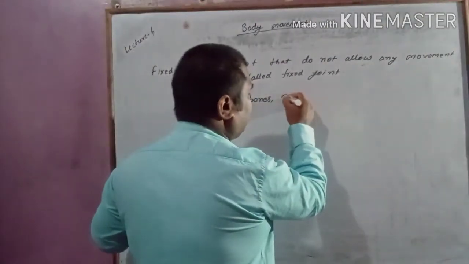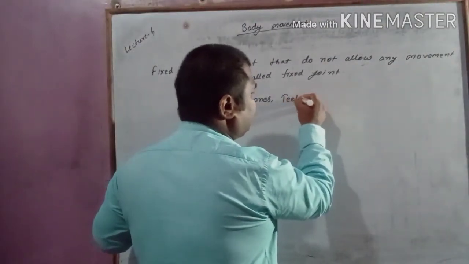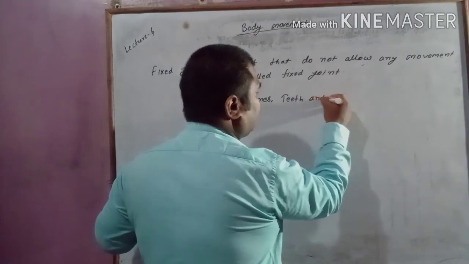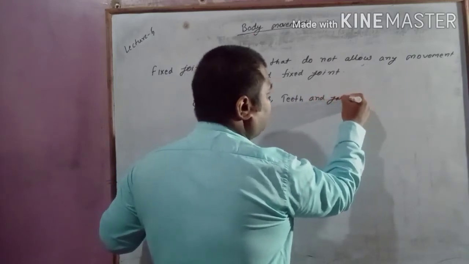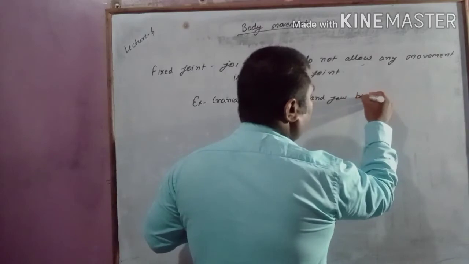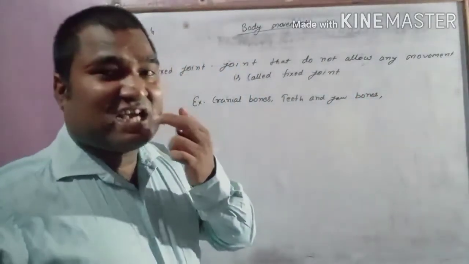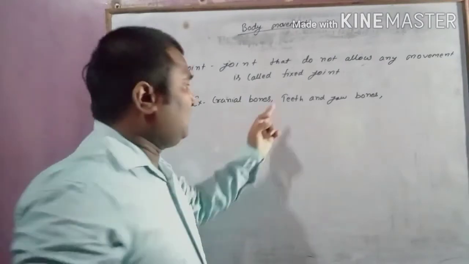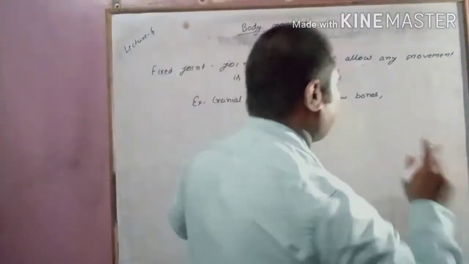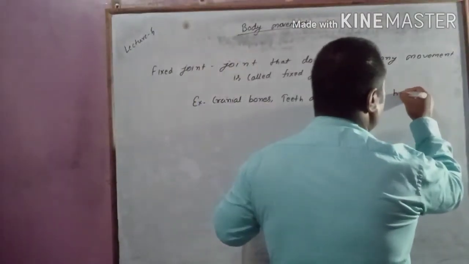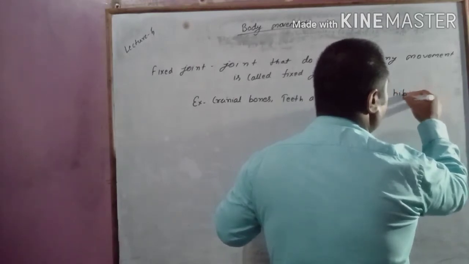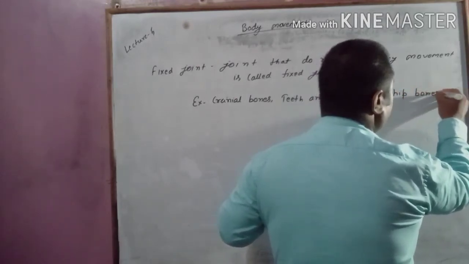Next is teeth and jaw bones, meaning teeth connected to the jaw. These are fixed joints. And hip bones.